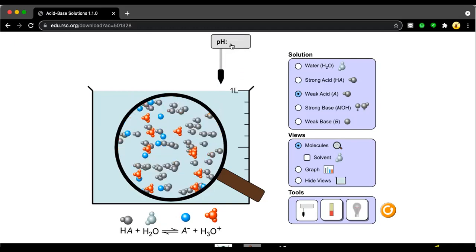Weak acid, you can see that, oh, the pH is larger, 4.50, but there are undissociated molecules, HA. So weak acid doesn't completely dissociate. It partially dissociates to form a lower concentration of hydrogen ions and the anion. Okay, so they can see directly the difference between strong and weak acid based on the particle representation.